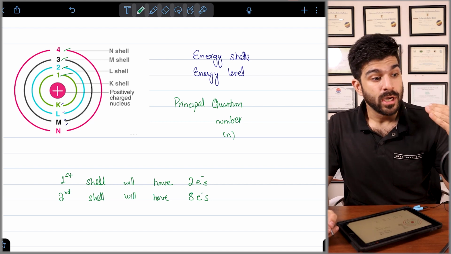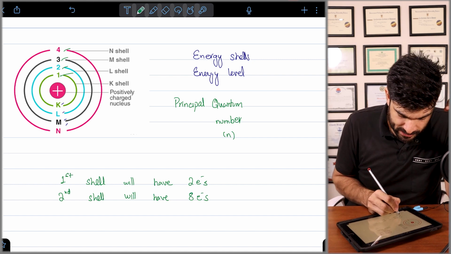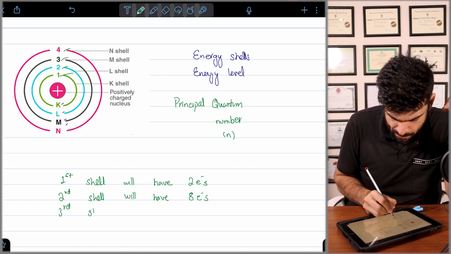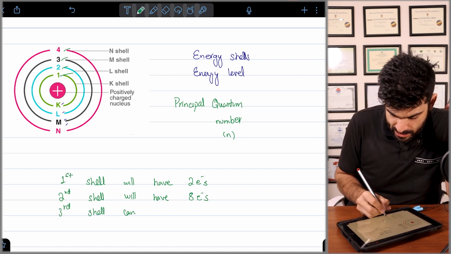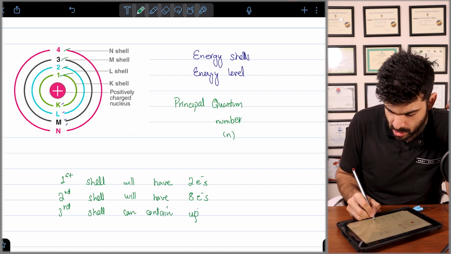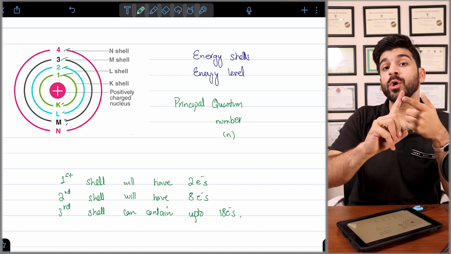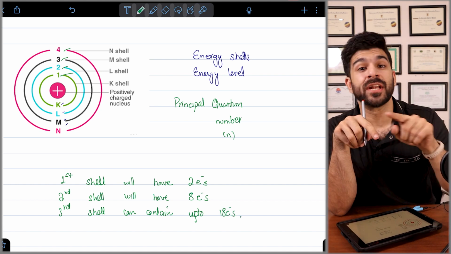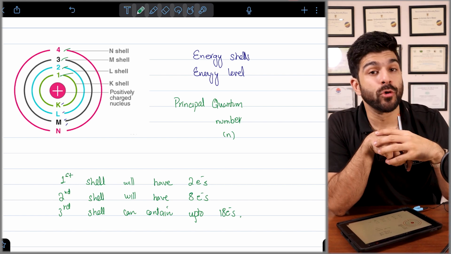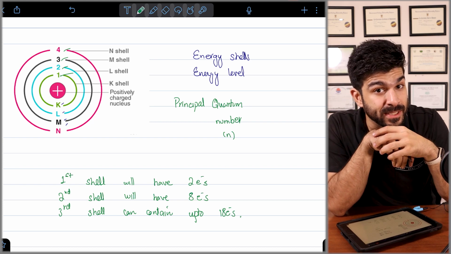Now we're going to take a step forward. You did study that third shell can contain up to 18 electrons. But normally you always drew 8 electrons and then we jump towards the fourth shell. If you remember that, that's great, but we will be practicing them.